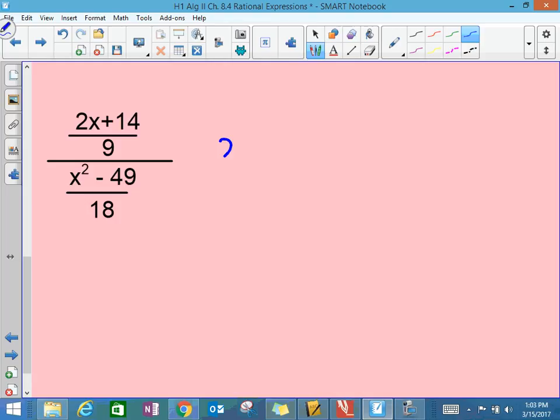2x plus 14 divided by 9, divided by x squared minus 14, minus 49. Okay. Actually, one way most people have answered this question is 2x plus 14 over 9 divided by x squared minus 49 over 18, which is fine either way.